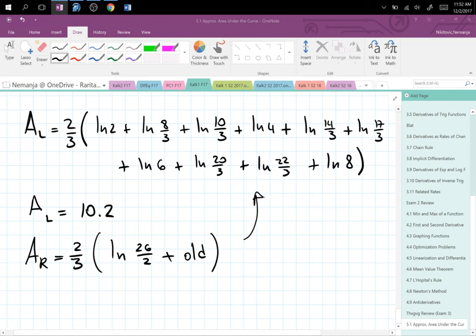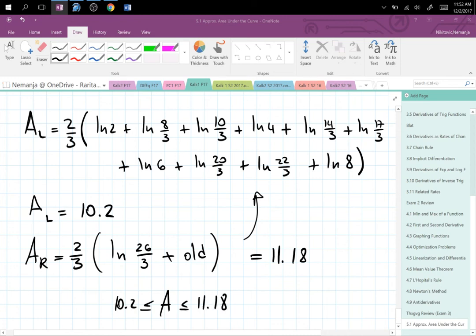So now in my calculator, I just go second entry, and yeah. And instead of ln 2, second insert, 26 over 3. Oh, I put over 2, 3. 11.18. So true area here is between 10.2 and 11.18.